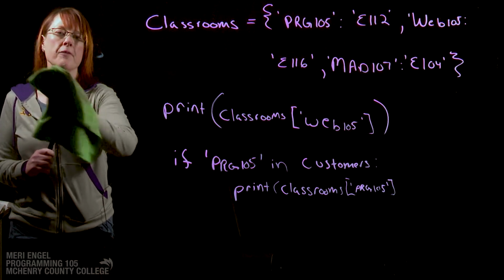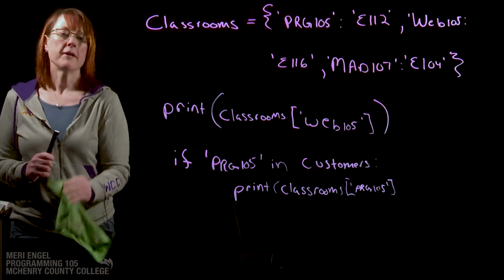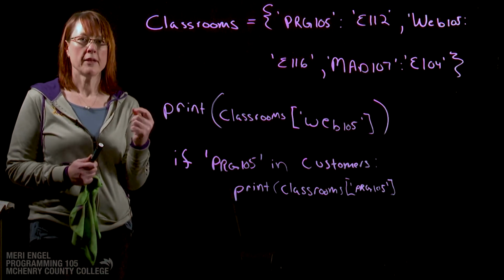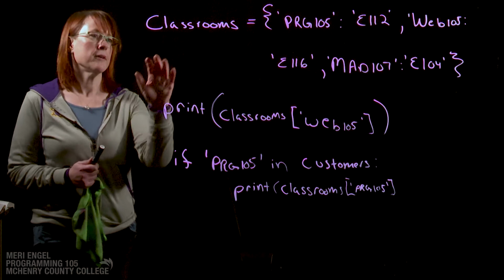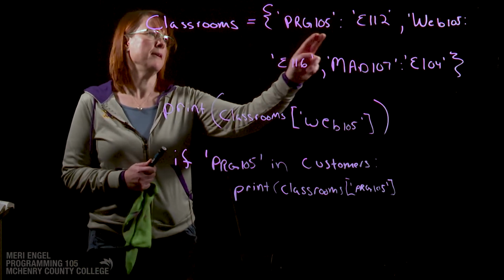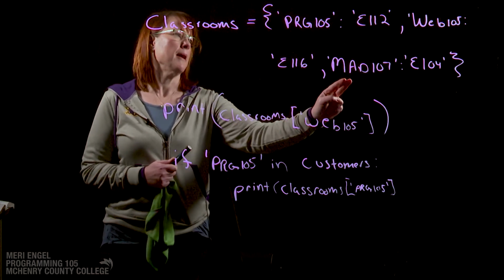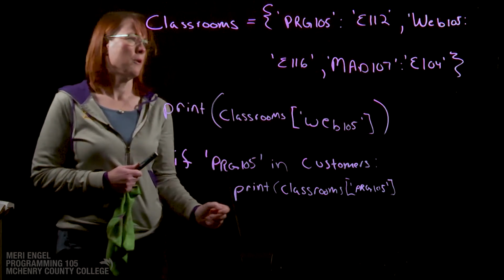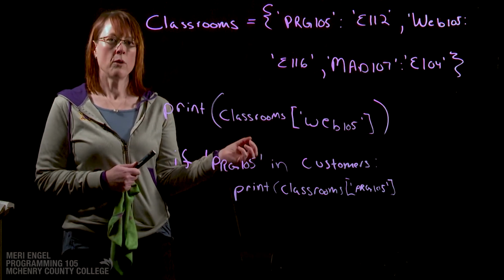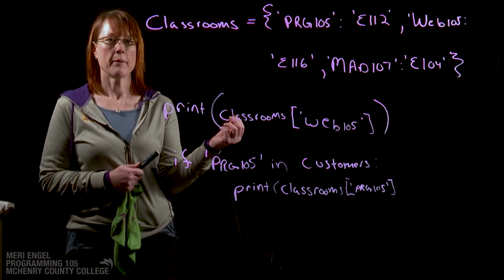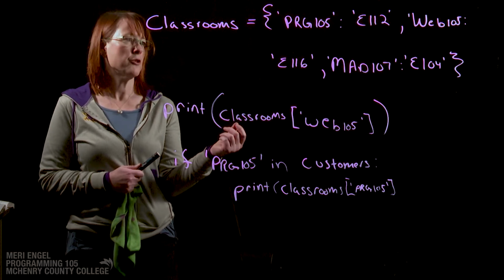We can do all sorts of things to dictionaries. Instead of using our indexes, we actually have to use that key value. So here I have classrooms. Programming 105 is in E112. Web 105 is in E116. Mad 107 is in E104. So if I know the code, the class, Programming 105, I can find out which classroom it's being taught in.